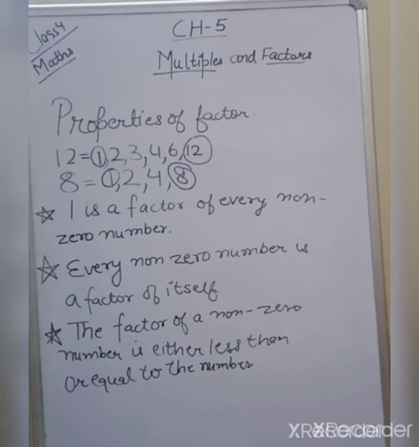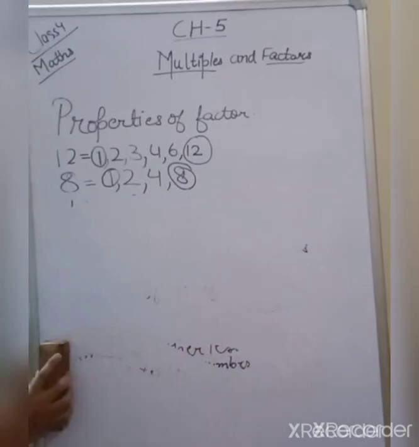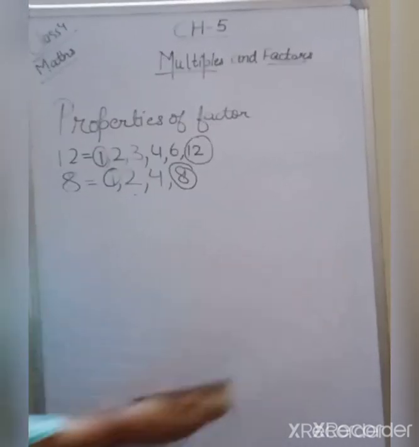The next property, the fourth property, is saying that some numbers have only two factors.